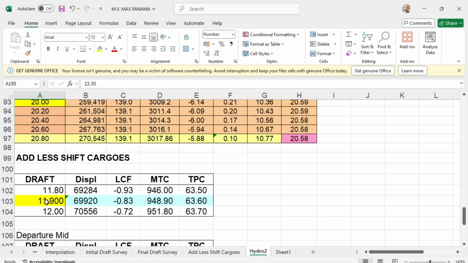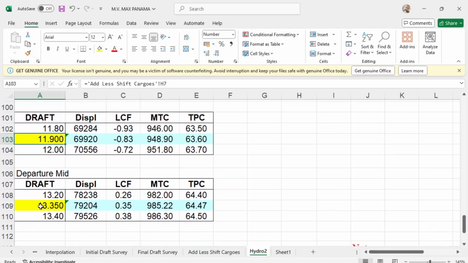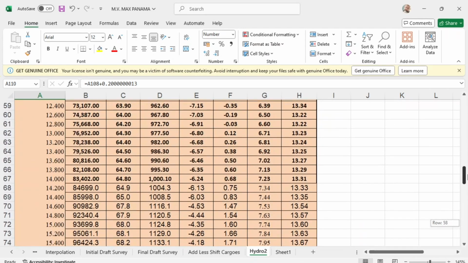So we put here 13.29. The displacement is 78818.